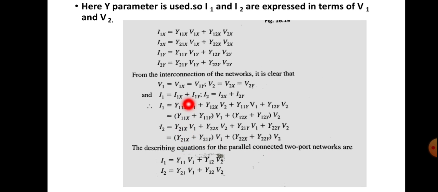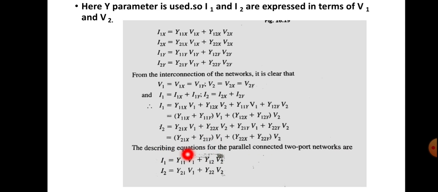In the case of a simple network, when you are writing the admittance parameters, the I1 and I2 equations will be y11 V1 plus y12 V2, and y21 V1 plus y22 V2. So if you are considering the parallel combination as a single network, then the current equation will be like this.